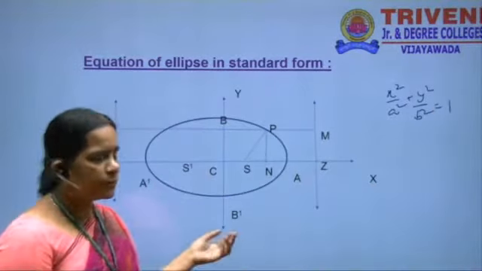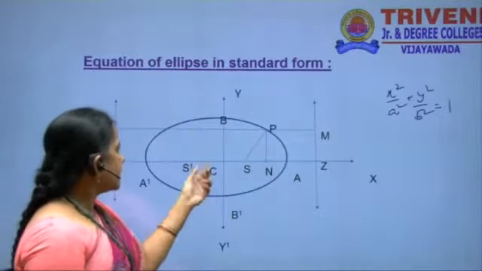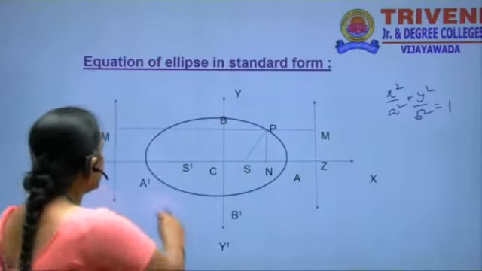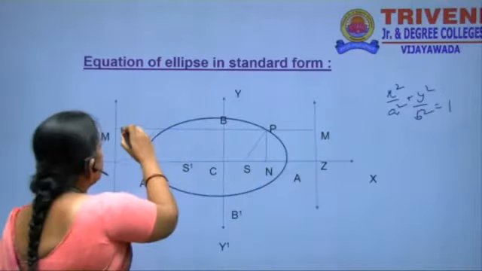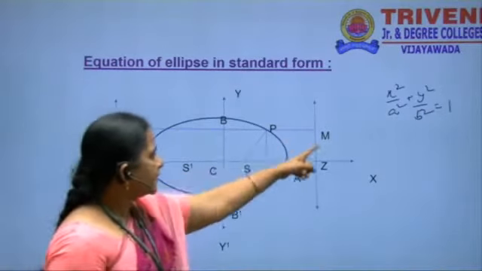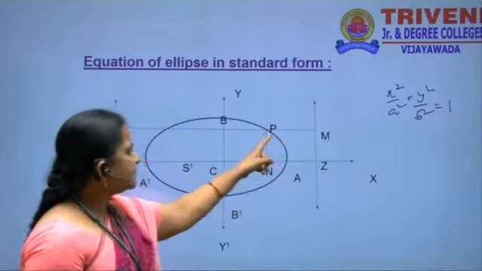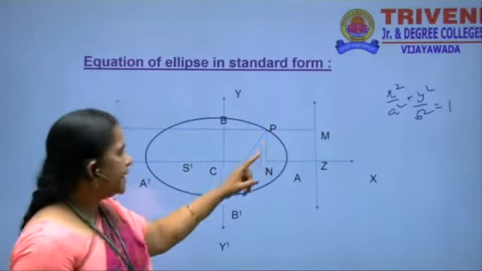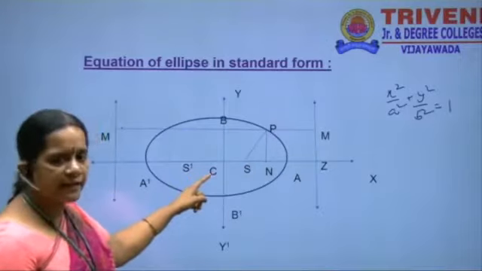We have to prove the theorem now. Here is the y axis, here the x axis, and this is the directrix. P is any point on the ellipse, and C is the center of the ellipse.